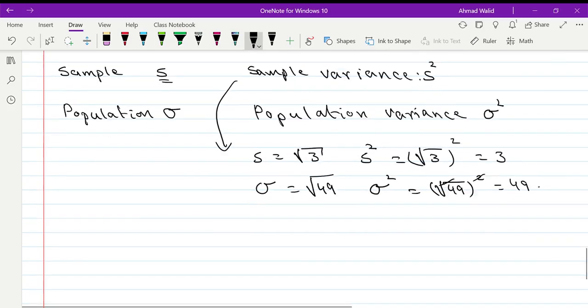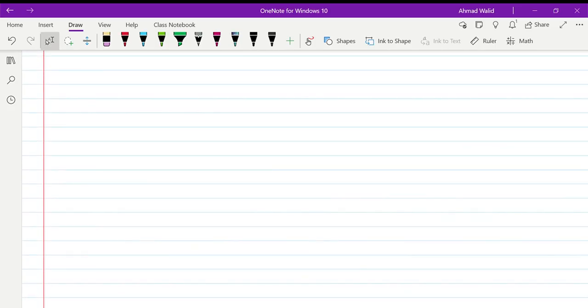Now, some more properties of standard deviation, correct?